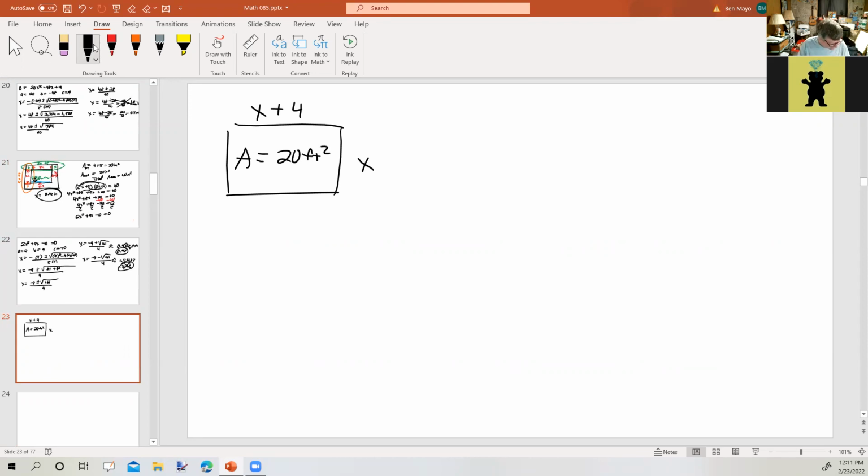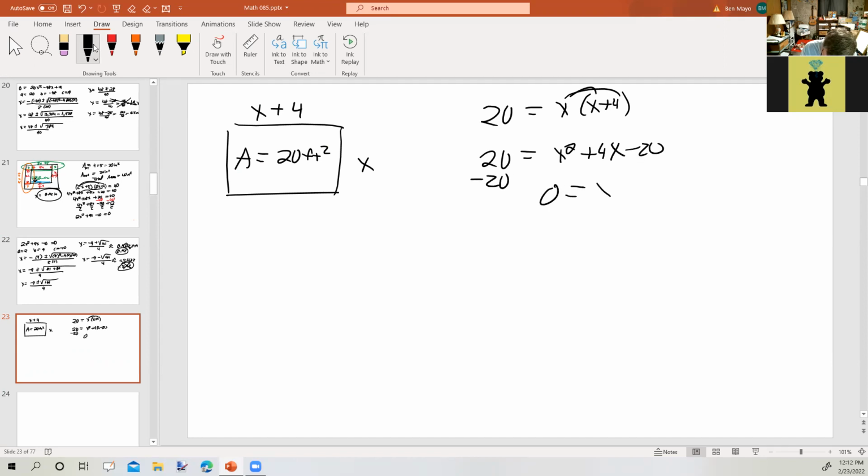Find its dimensions to the nearest tenth of a foot. So this is going to be another one that's not going to come out exact. So 20 equals x times x plus 4. Area equals width times length, or length times width. 20 equals x squared plus 4x. We'll subtract 20 from both sides. 0 equals x squared plus 4x minus 20.